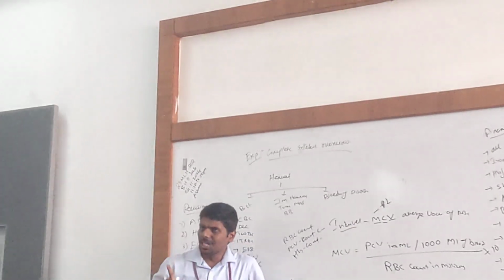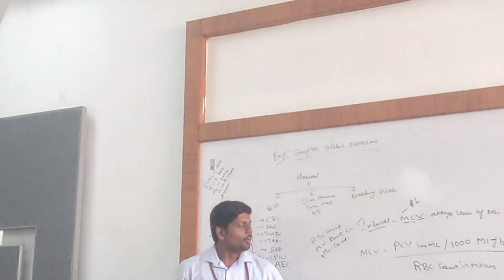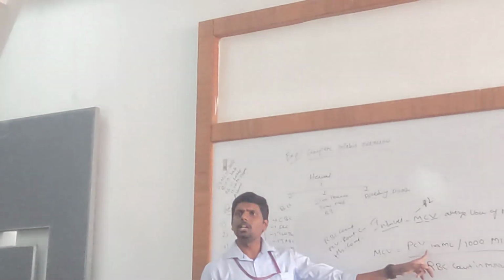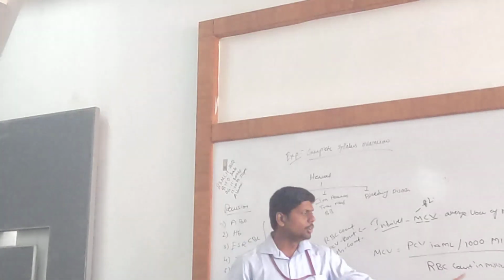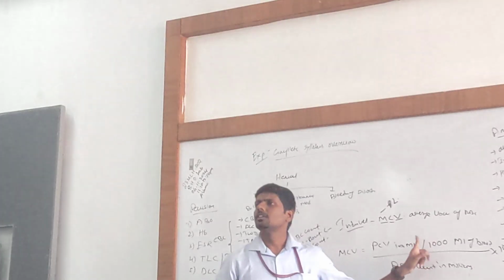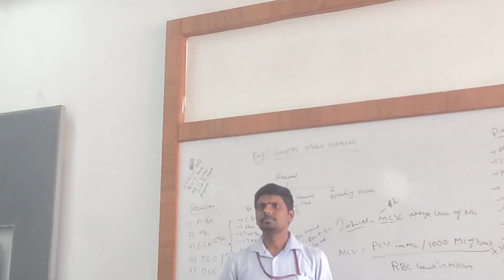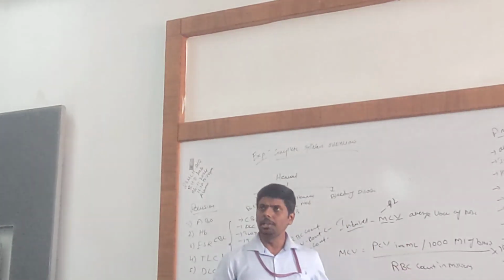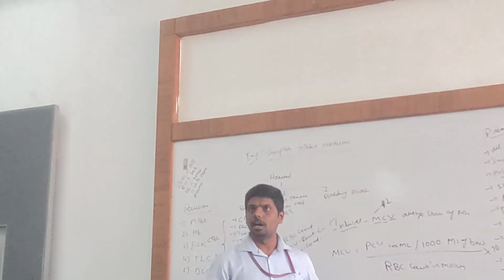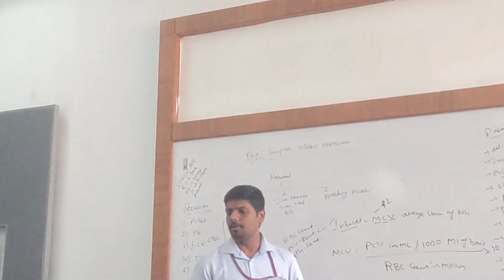So to measure your MCV, all you need is your PCV value and your RBC value, into 10. You take your PCV data and your RBC data of the same patient, and you will get the MCV.